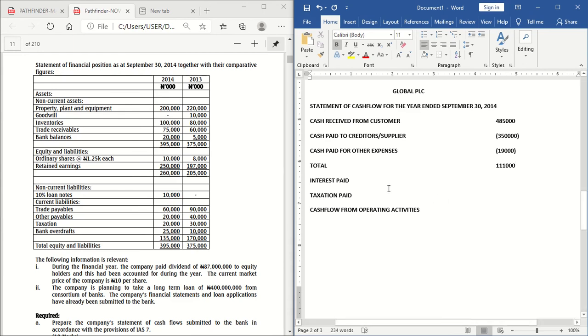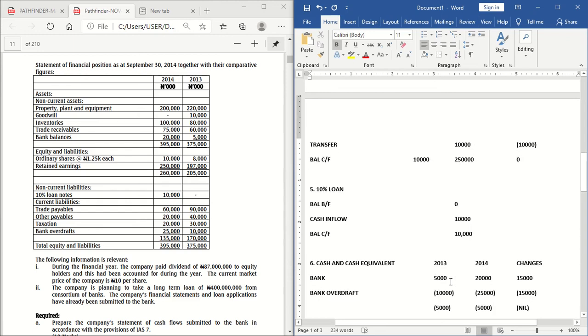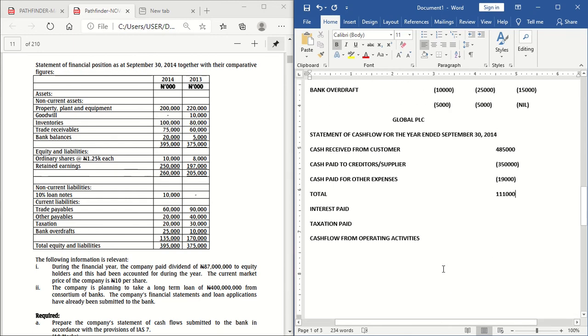So with less interest paid and taxation paid, as calculated earlier, my interest paid is 1,000 while my tax paid is 50,000. So I will come to this place, very easy. Interest paid, I will come here, less my interest paid of 1,000, and for taxation paid, as calculated by us earlier, we less our taxation paid of 50,000.